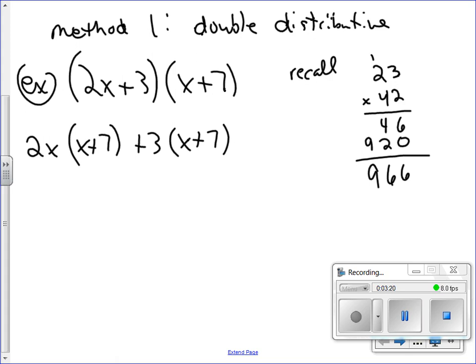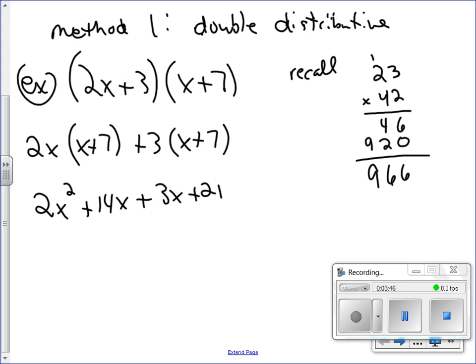Okay? All right, so now you know how to work the problem, because we have worked this problem before, correct? What's 2x times x? 2x squared. And what's 2x times 7? 14 what? X. And what's 3 times x? Yes. And what's 3 times 7? 21. Okay? So you did your distributive property.